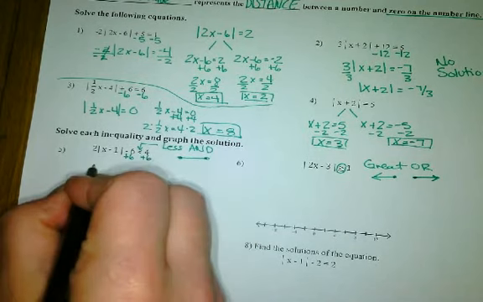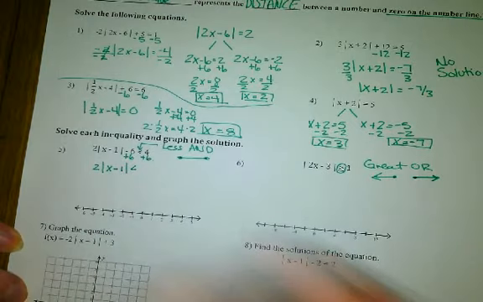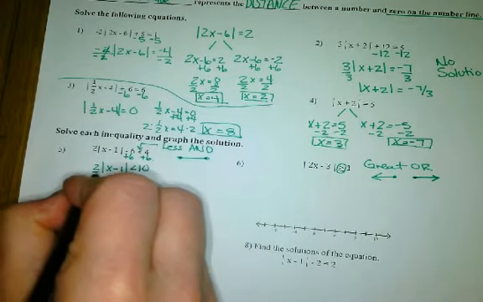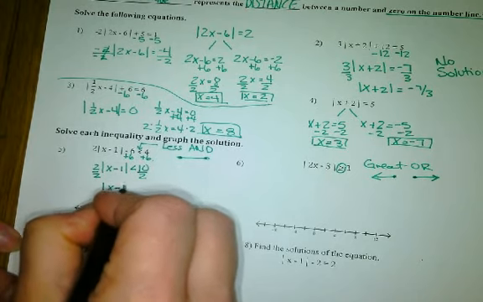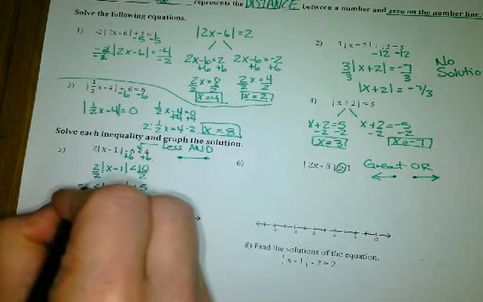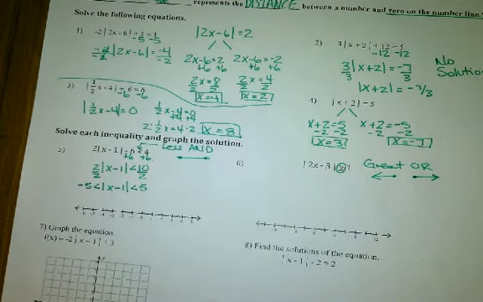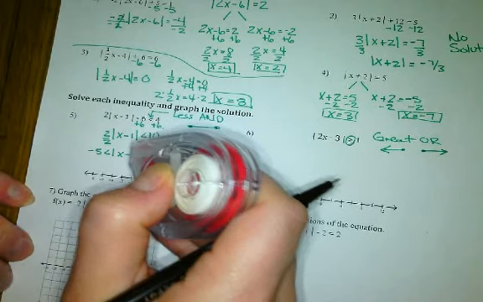So plus 6, that gives me 2 times the absolute value of x minus 1 is less than 10. I'm going to divide by 2, divide by 2. That gives me the absolute value of x minus 1 is less than 5. And then again, you have to have the negative also. Alright, so now I should drop the bars here, so I'm going to get rid of these bars.